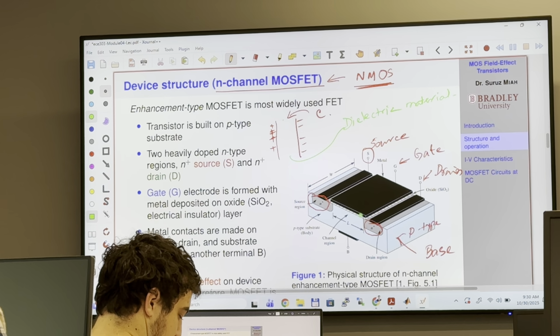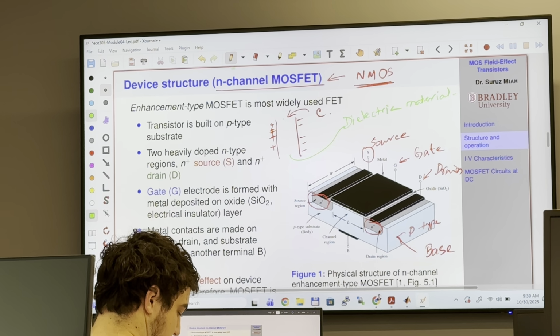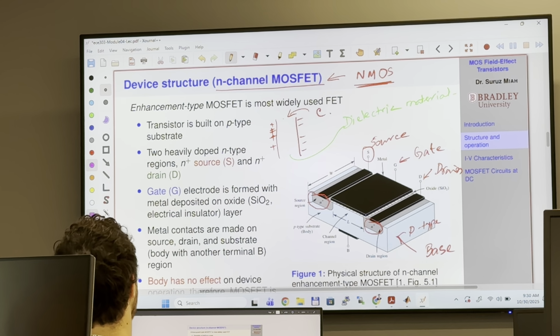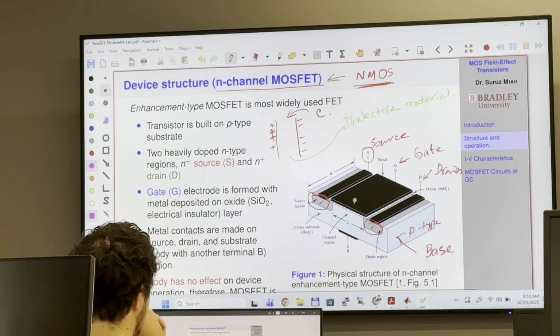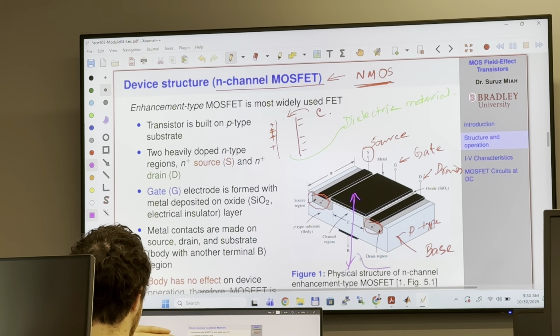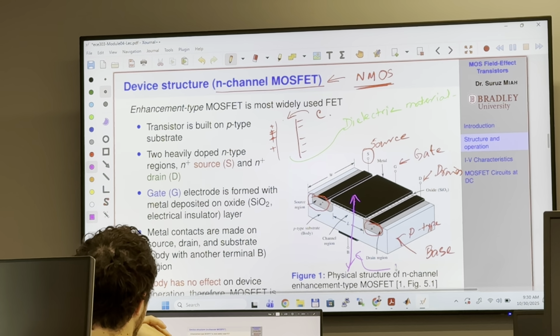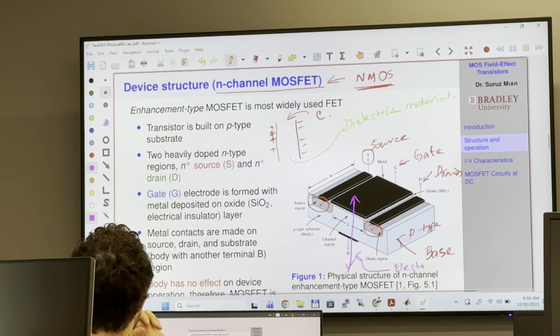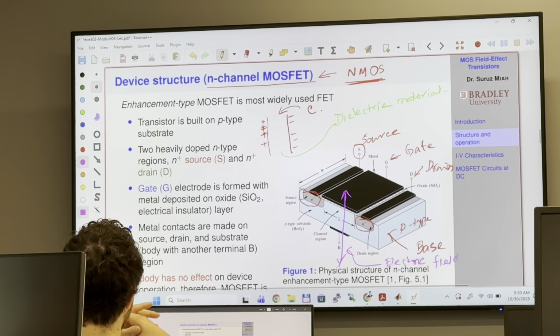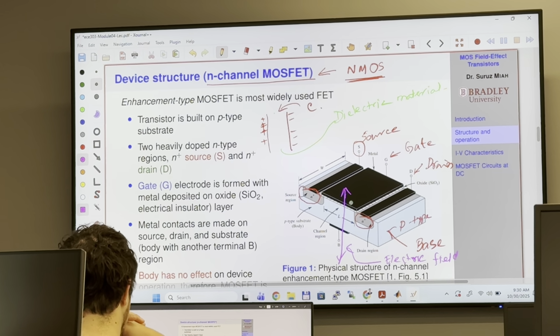Now, because of this silicon dioxide, because of these dielectric materials, you have an electric field generated. The electric field is generated because of these two plates.